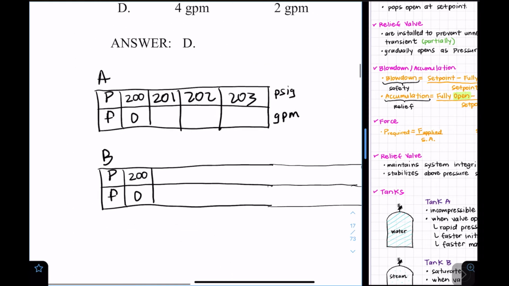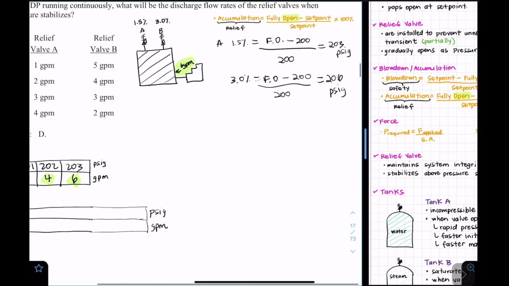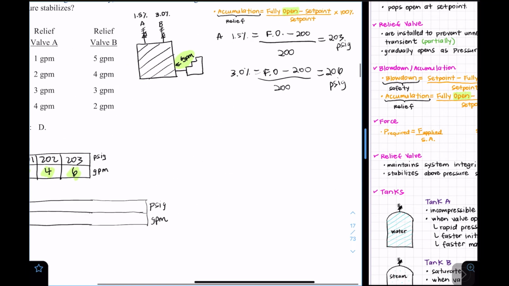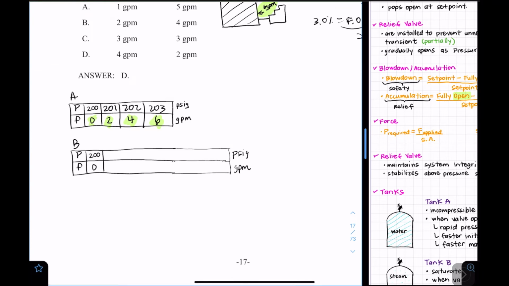So I know the maximum flow rate is 6. At my starting pressure, at my set point, I have 0 flow. Then I start opening and increasing my flow. That's how I do it. And then the next one goes all the way to 206.